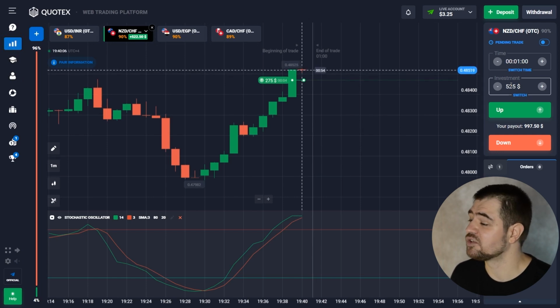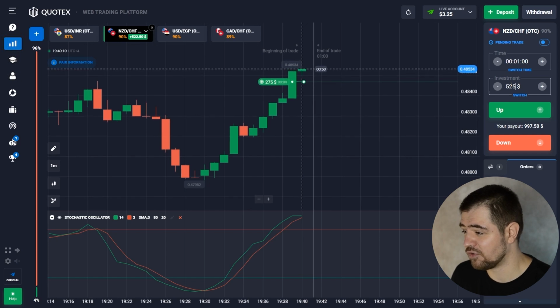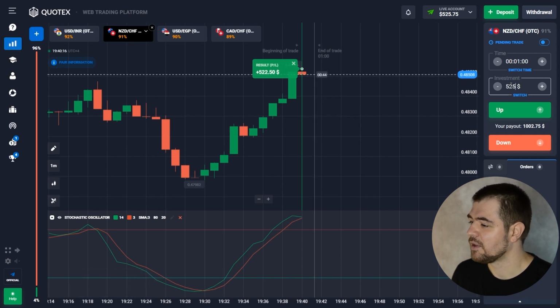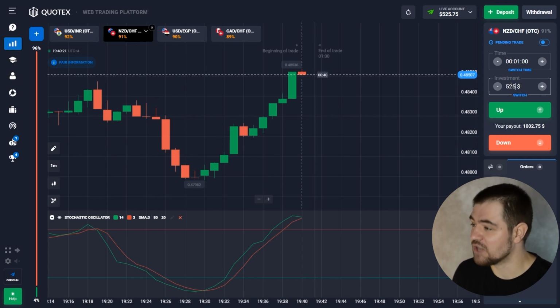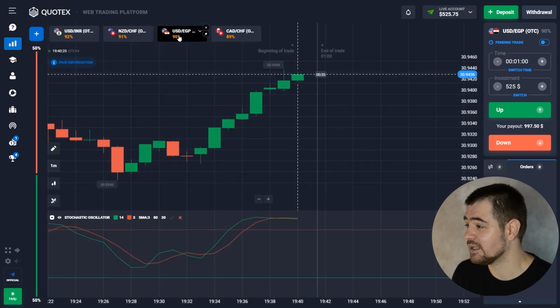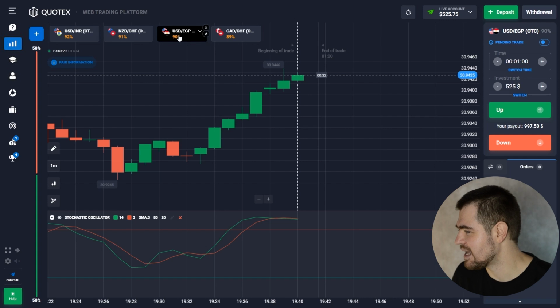So you see it enters now the zone of being overbought, overcharged, kind of an overheated market. And here we have $522 of profit. And actually, right now, this trend might change, as you can see, of the stochastic. We'll go to the next one.